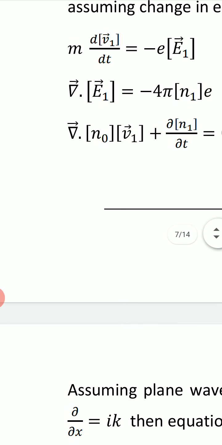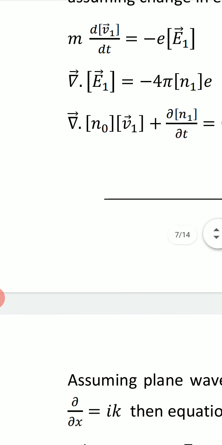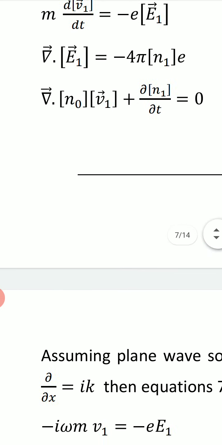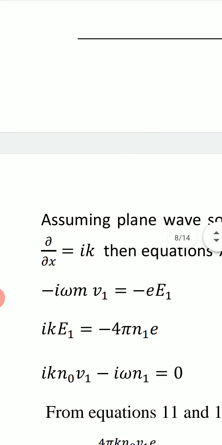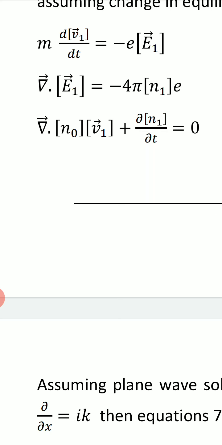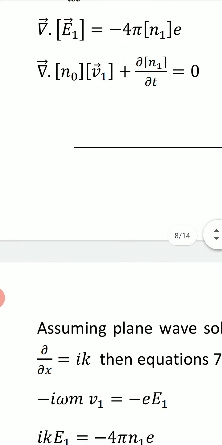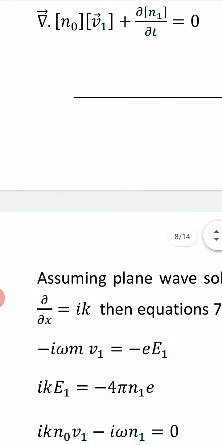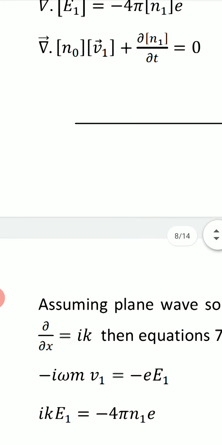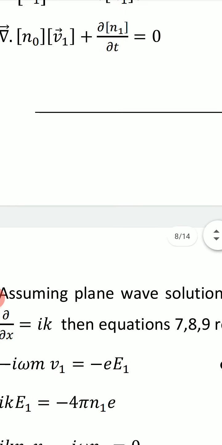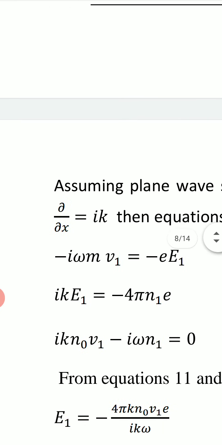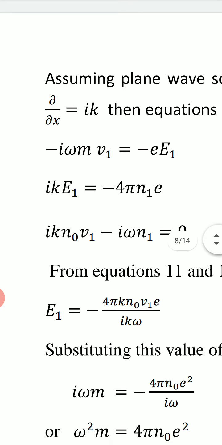So we write ik for the del vector, and this gives ik E1 equal to minus 4 pi n1 e. In the third equation we also replace the del vector by ik, and we have ik n0 v1, and in the second term for delta upon delta t we write minus i omega.